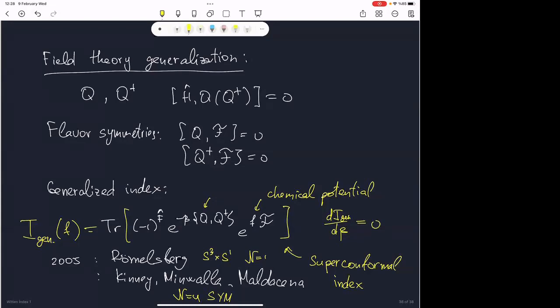Again, if you remember, we were using periodic boundary conditions. Here the index is again something like a partition function, but a bit different. You need to be careful about the boundary conditions in your path integral, or functional integral, doesn't matter. Here you need to use the so-called twisted boundary conditions.